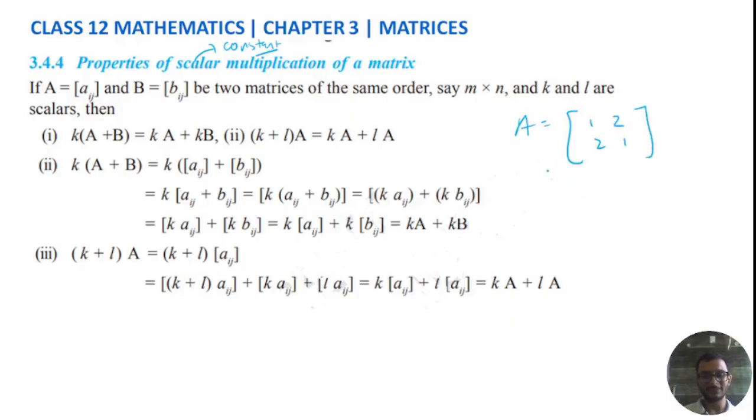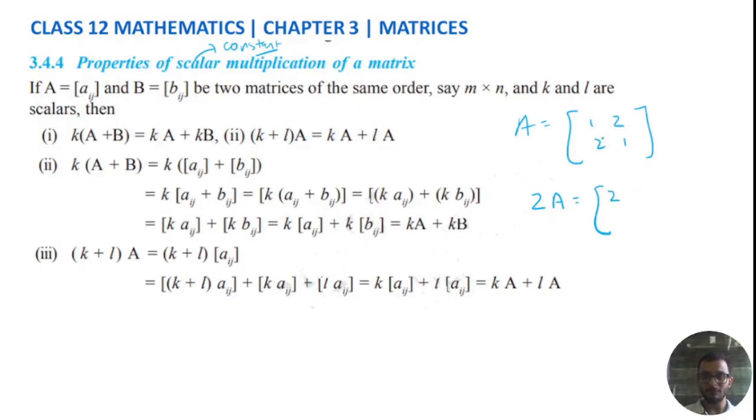I like this matrix very much. What will the matrix be if I multiply the whole matrix by 2? This is called scalar multiplication of a matrix. You multiply each element by 2.